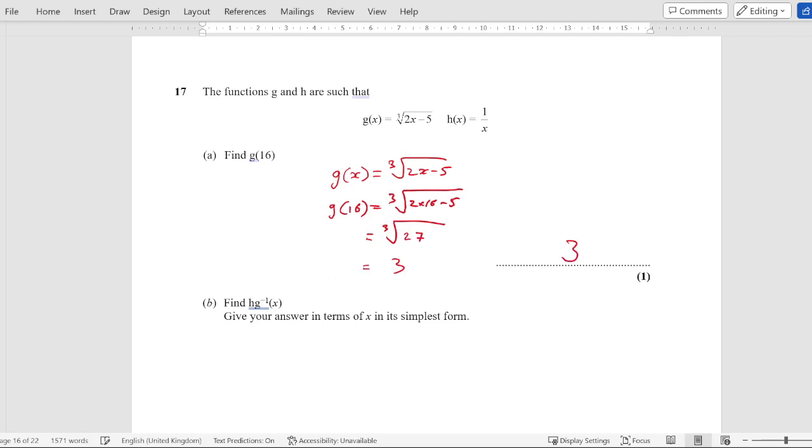Right, for part B, find, I'm sure we did a very similar question to this. Okay, interesting combination. So we're trying to find the inverse of g, and then we're putting that into h.